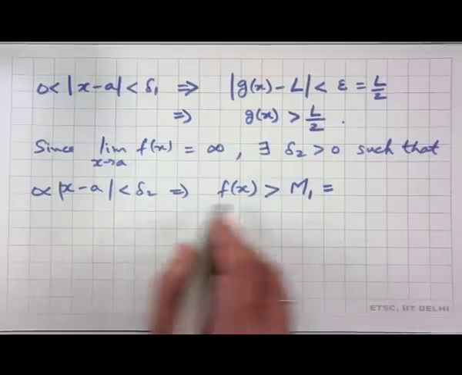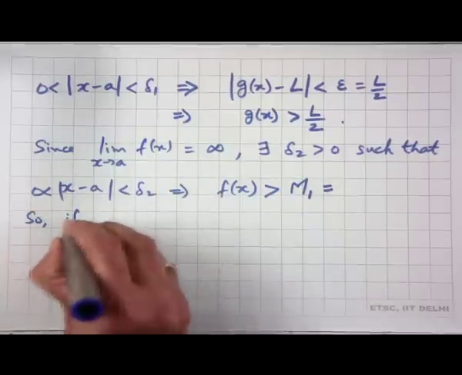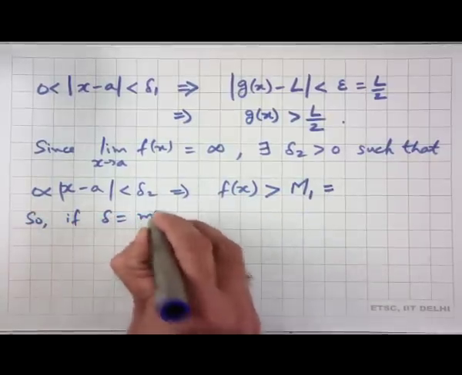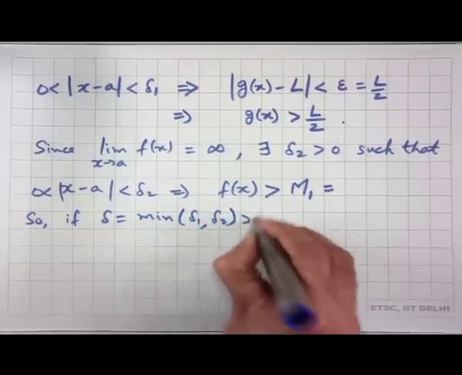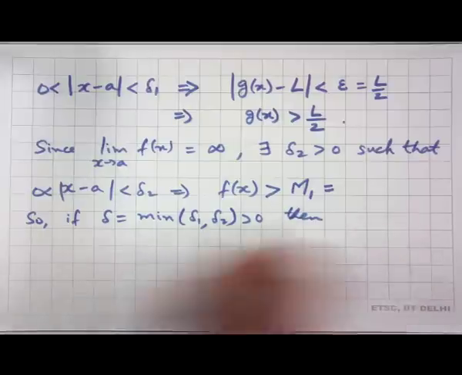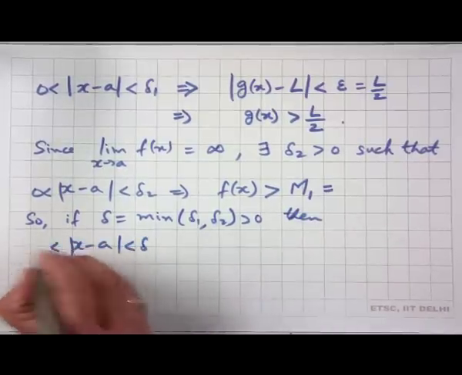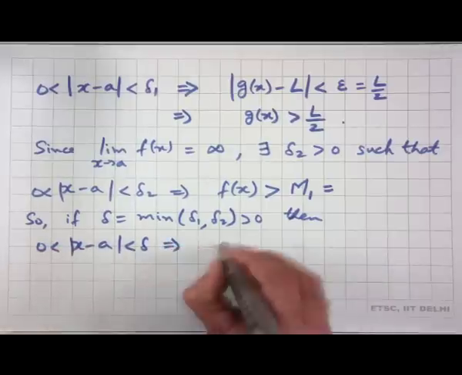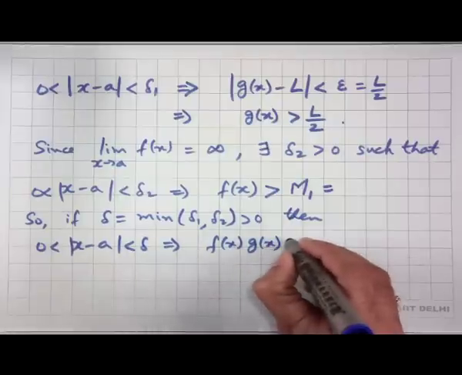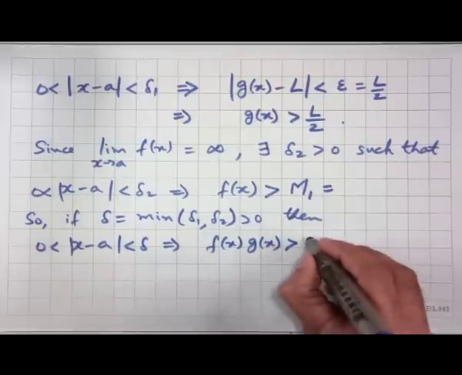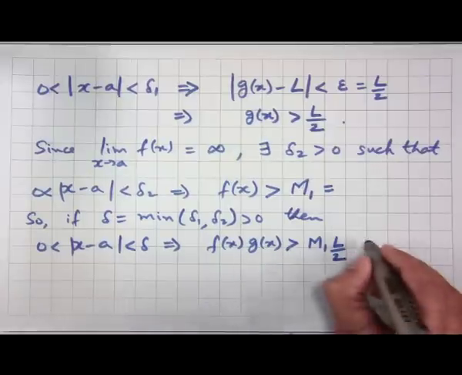So, if delta is equal to minimum of delta 1 and delta 2, then mod x minus a less than delta and greater than 0 will imply that f x times g of x is greater than m 1 times L by 2, and what we want is that this should be greater than m.